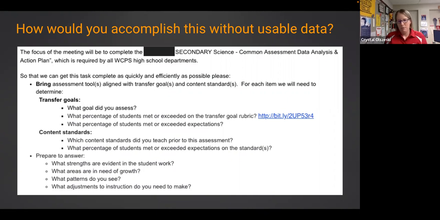Obviously with my data, I had printed it out and highlighted, so I was ready to go. They spent most of their time doing that. So it's very valuable to be able to accomplish something like this if you have data where you can actually get results, look for patterns and areas of growth and weaknesses, and group your kids and spend your time doing that versus tabulating the data from scores in your grade book.